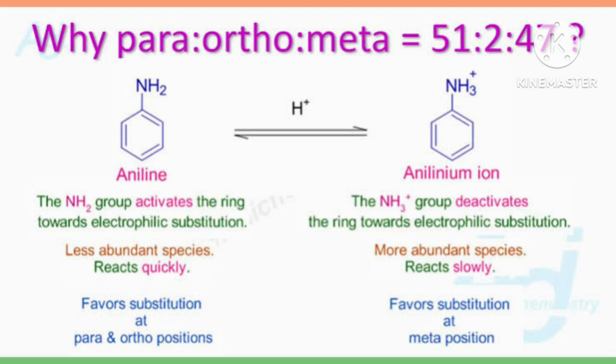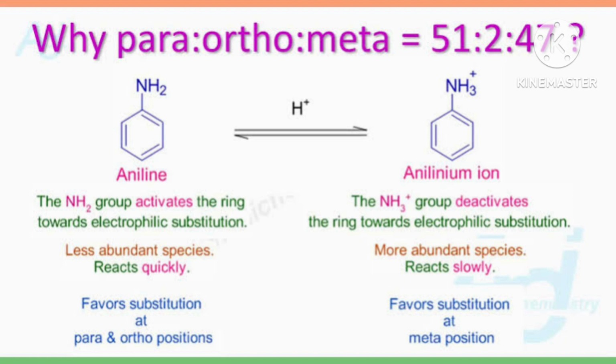And after that you will do hydrolysis, then again you will get NH2, because COCH3 will go, means the N and C bond will break. Then in COCH3, that carbon has positive charge and nitrogen has negative charge.